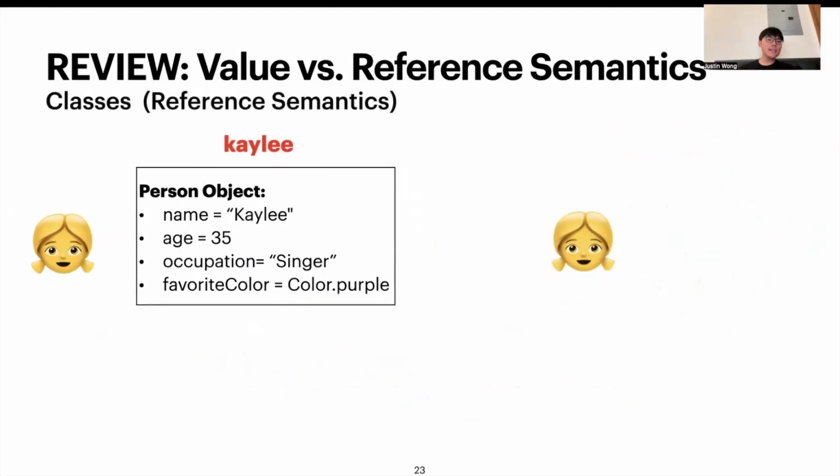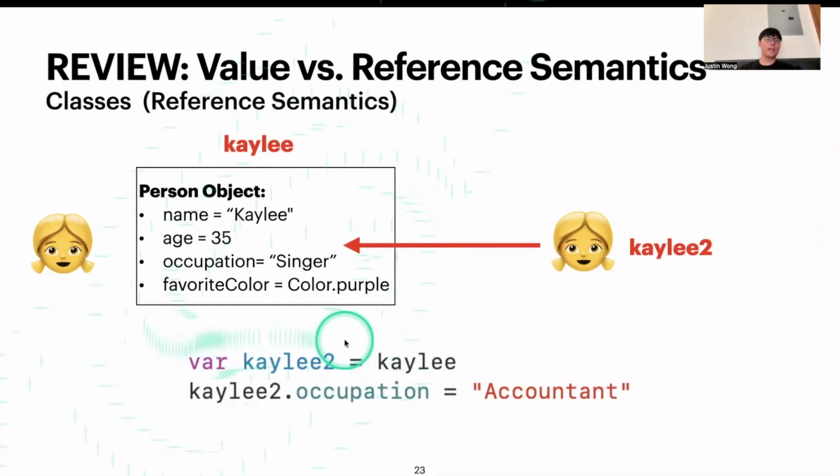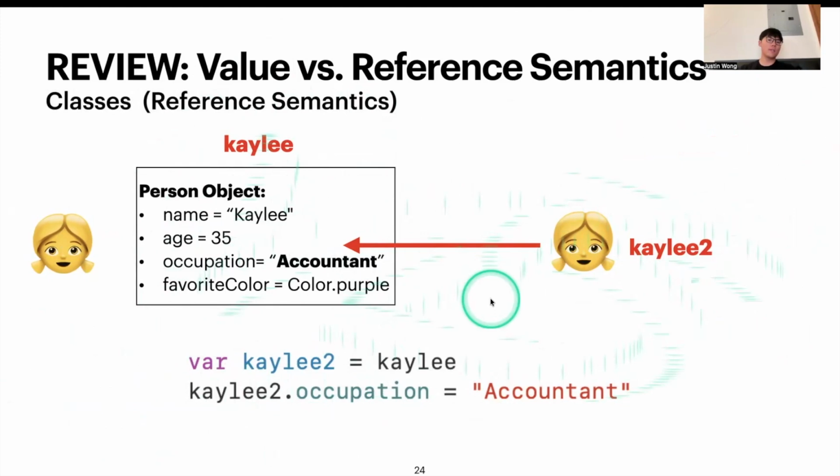And then for classes, Kaylee 2 points to the Kaylee object here, and we're just mutating the occupation to now be singer. So now both of them, we do Kaylee occupation and Kaylee 2 occupation. They both reference the same value, which is a count.